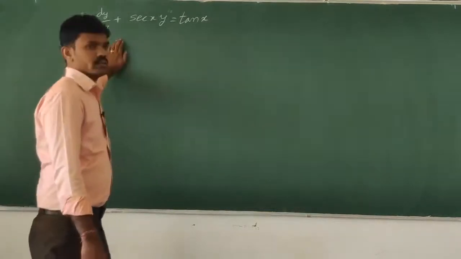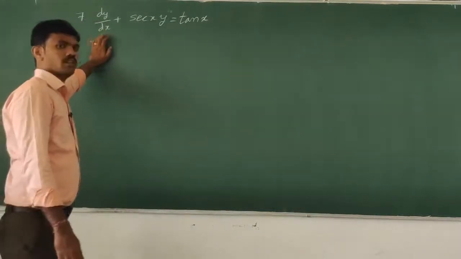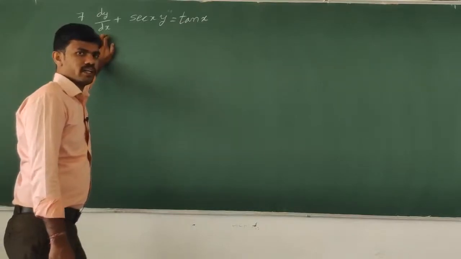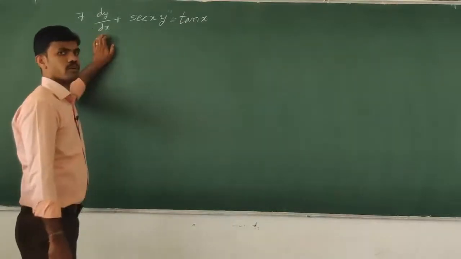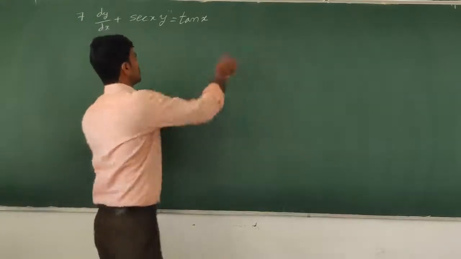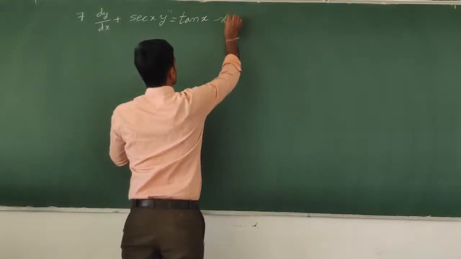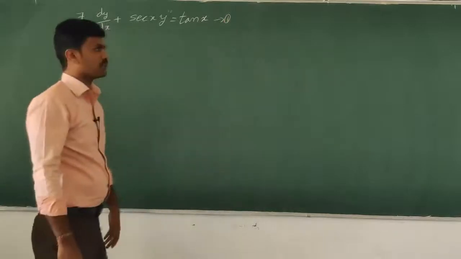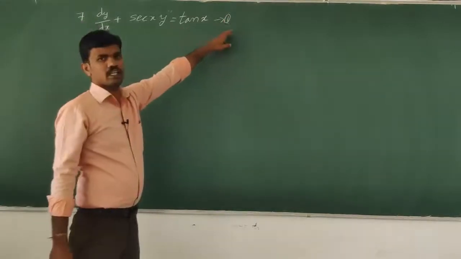For this differential equation, first observe the coefficient of dy by dx. Here the coefficient of dy by dx is 1, so this is in standard form. To find the general solution, call this equation 1.